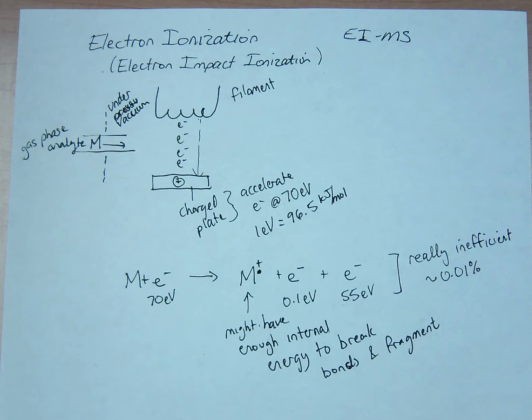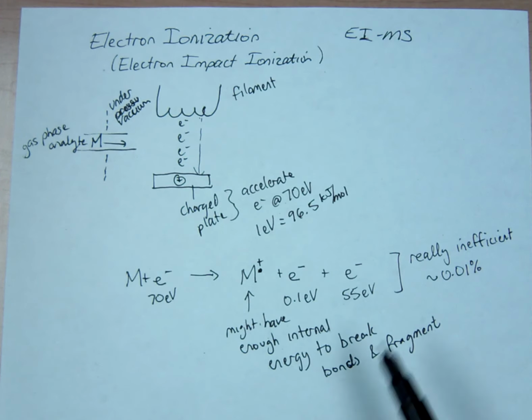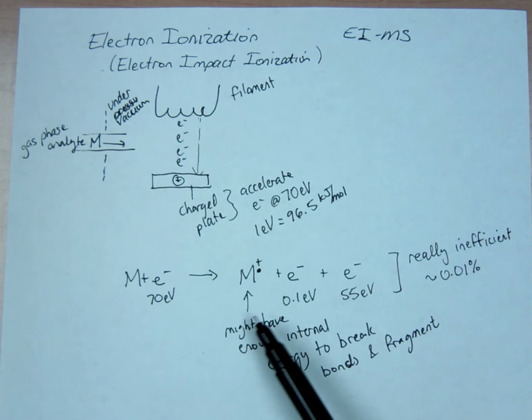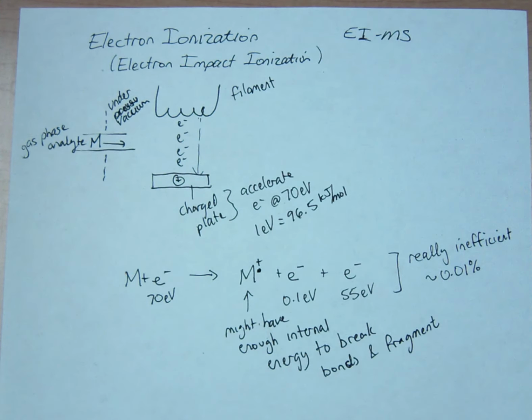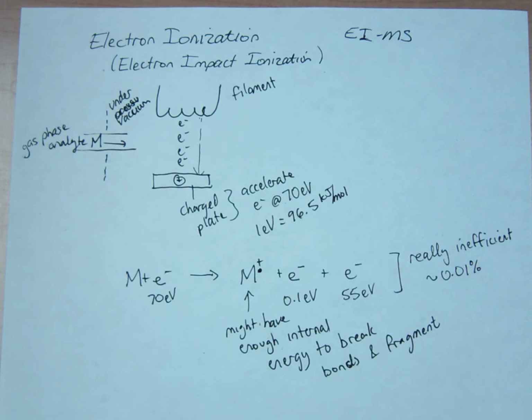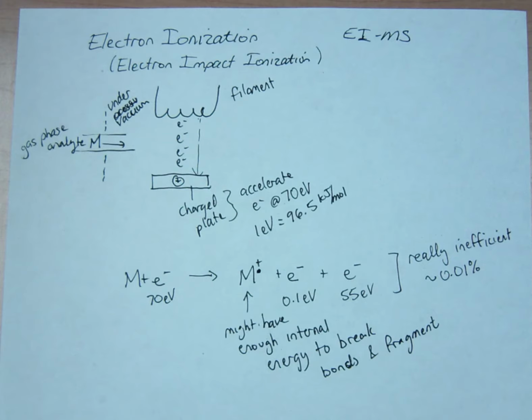But one of the really big perks of this electron ionization is that because the energy of the electron beam is controlled, this energy transfer upon collision and the fragmentation you get from the molecule is very predictable and very reproducible. That's going to be a real advantage for this particular method.